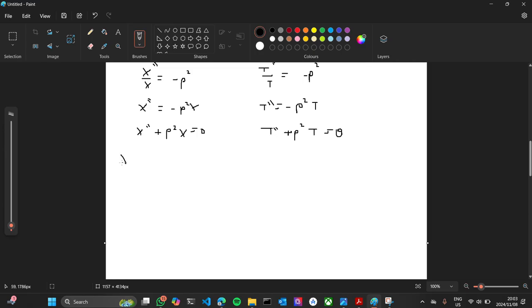So the solution of x is equal to a cosine px plus b sine px. Okay, and the solution for t is the same.